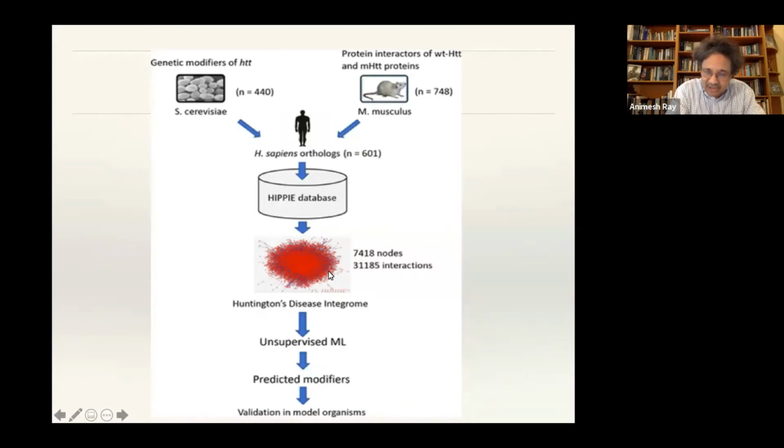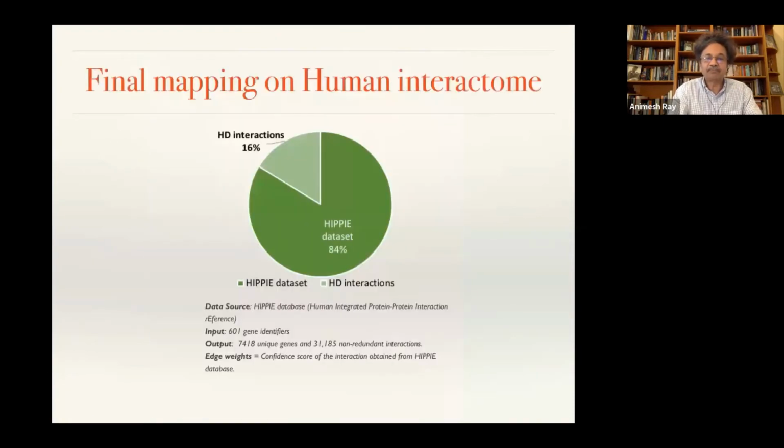Remember that this is not a reality, it is only an expected reality, because these are based on homology models. We call this Huntington's disease integrome. And then we want to see if there are patterns in it that explain possible genetic modification of the Huntington's disease outcome.